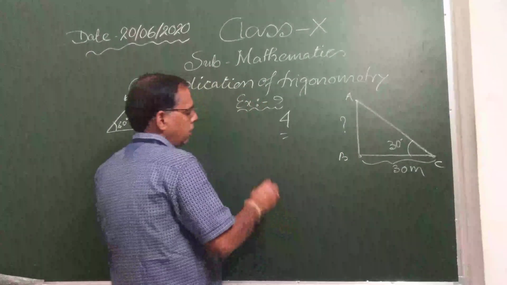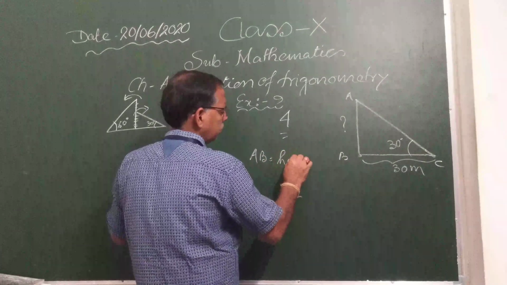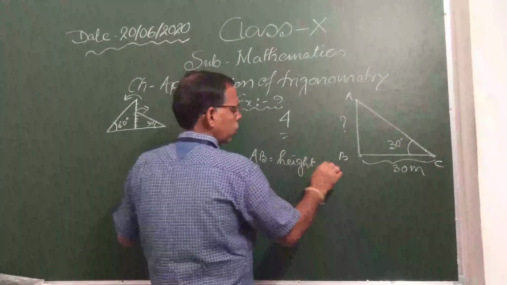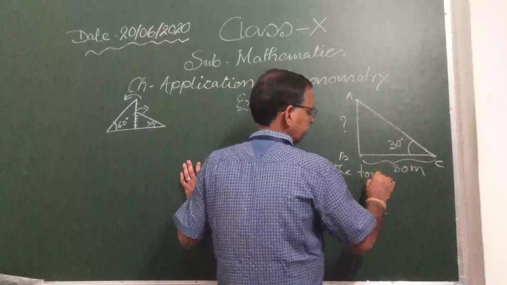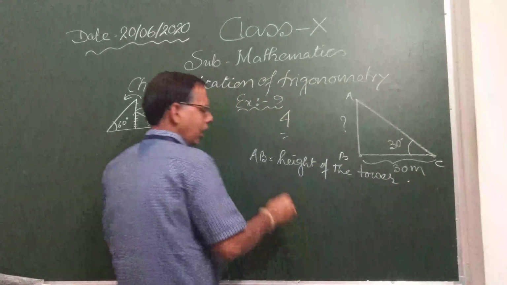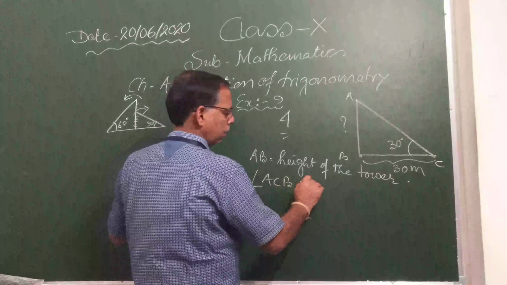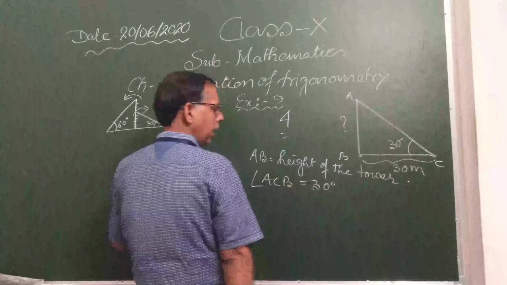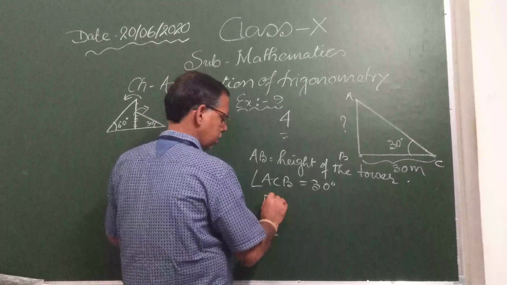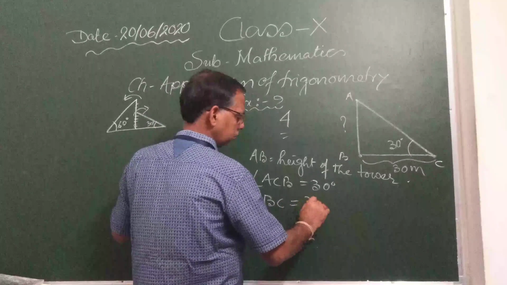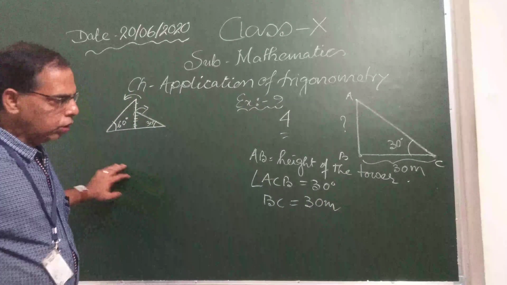Now here, AB equal to height of the tower. Angle of elevation is how much? Angle ACB equal to 30 degree. Then the distance BC equal to 30 meters.